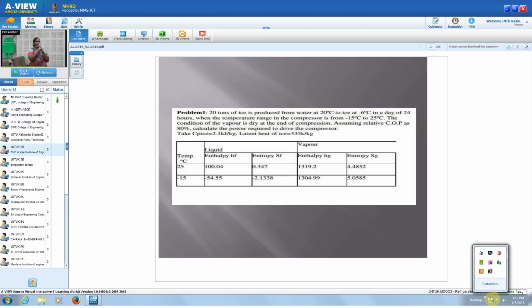And for the vapor, the enthalpy is 1304.99 kilojoules per kg, and the entropy is 5.0585. Okay.